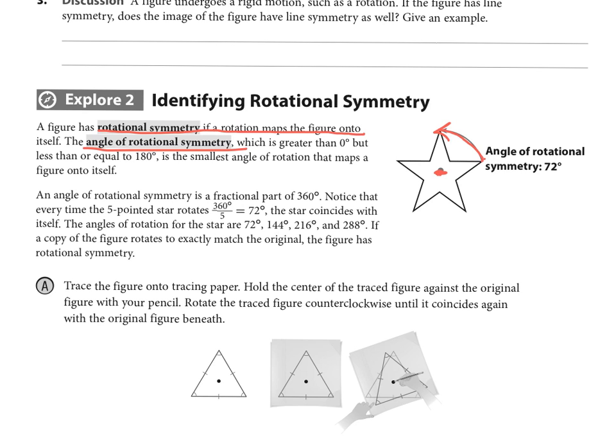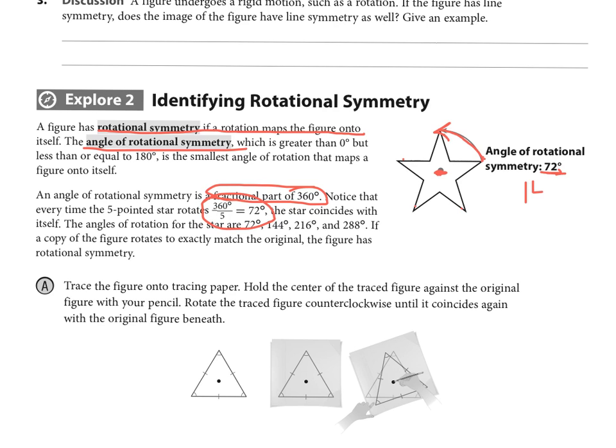It would look exactly the same. The way they find your angle of rotation, they have the 72 here, is it's a fractional part of 360. This thing has 5 angles that can be rotated onto itself, so they do 360 divided by 5, and they get 72.